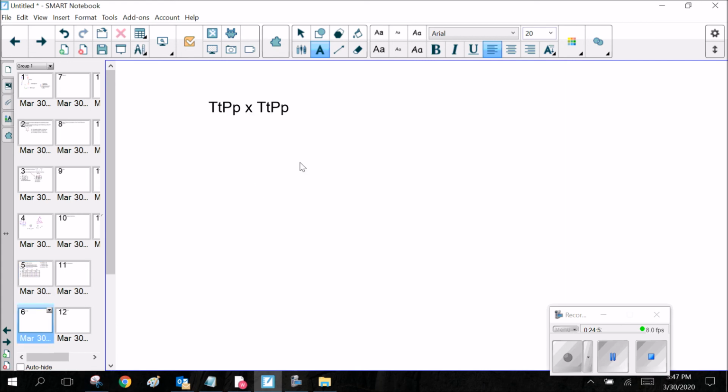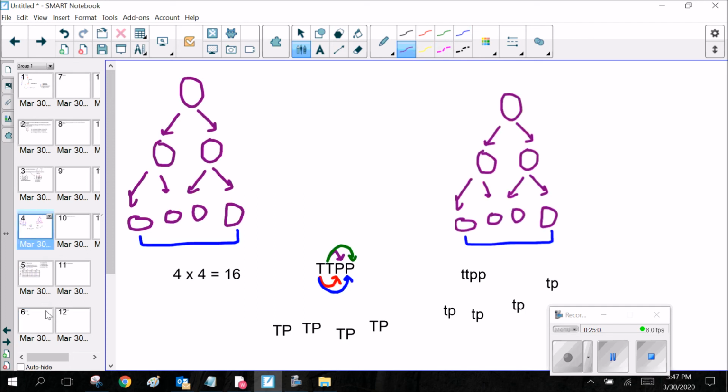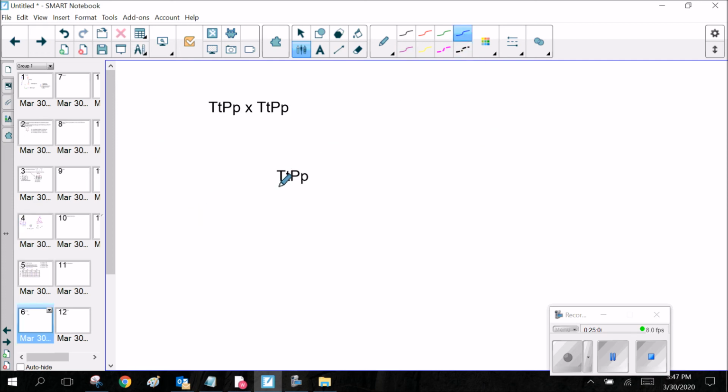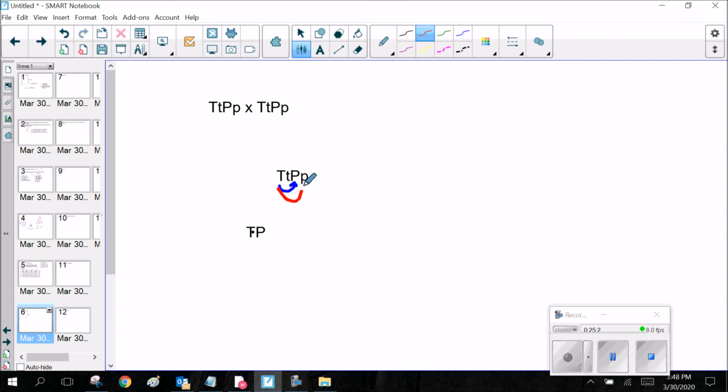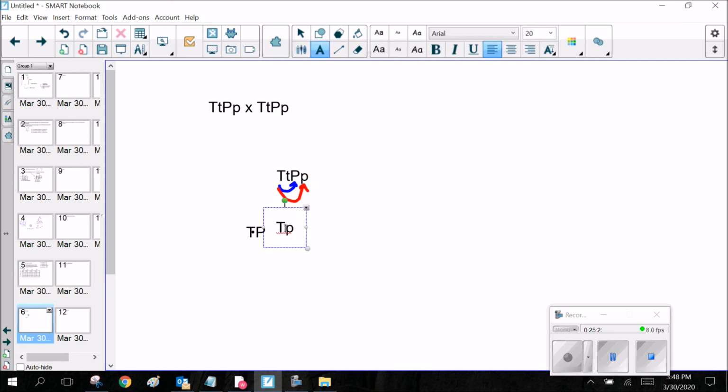Okay, and so then they went ahead and did this. What's interesting about this is that when we consider all the possible combinations here, we get something a little bit more exciting than we did before. If we do the same thing that we did last time, I'm going to try to make it the same color. I did blue, red, purple, green, okay? So the same thing as last time. I distribute this allele to this one over here, making this possible combination: big T, big P. Then I distribute that allele over here to this one: big T, little p.